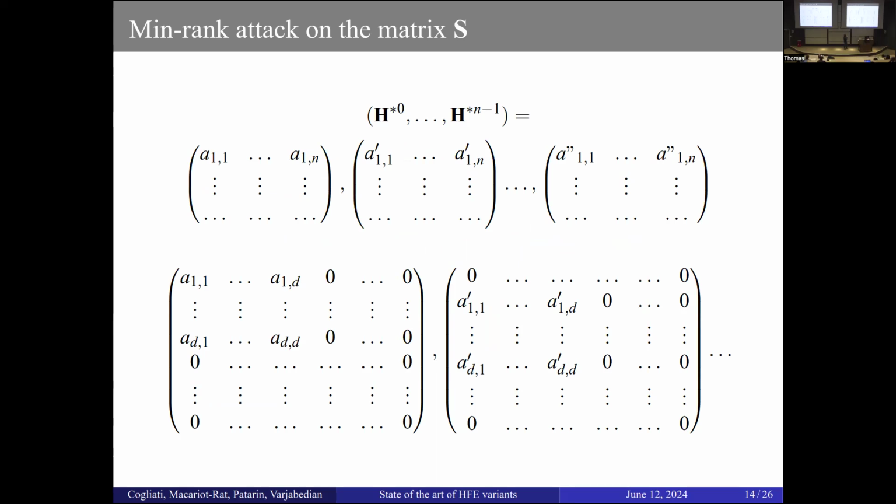You will have the first row here. Then, because of the Frobenius, it will rotate, essentially. This coefficient is not the same as this one, but essentially it's just a rotation. So you have a lot of zeros because of the structure of the matrix H.